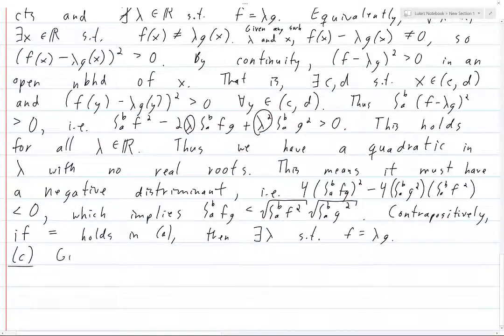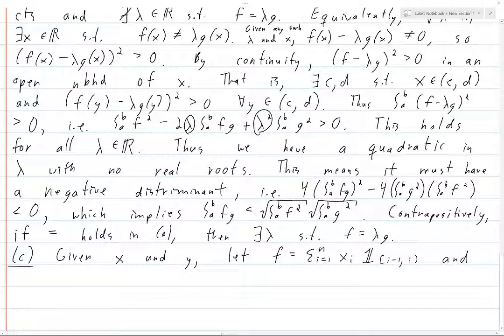So, given vectors x and y, let f be the sum from i equals 1 to n of x_i times the indicator function from i minus 1 to i. And similarly, g equals the sum from i equals 1 to n of y_i times the indicator function from i minus 1 to i.